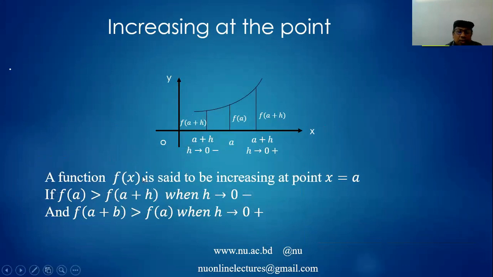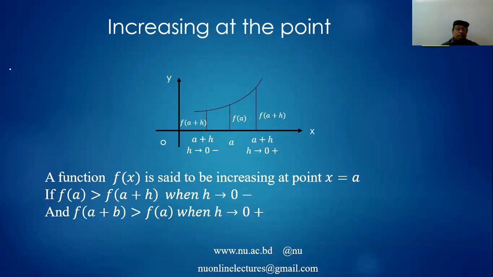The function f of x is said to be increasing at point x equal to a. My students, f of x is said to be increasing at the point x equal to a, that is x equal to a, if these conditions are supported. If f of a is greater than f of a plus h when h tends to 0, negative. All right.